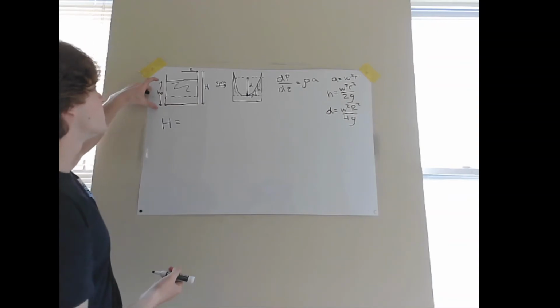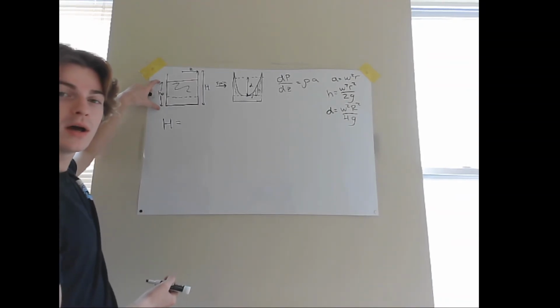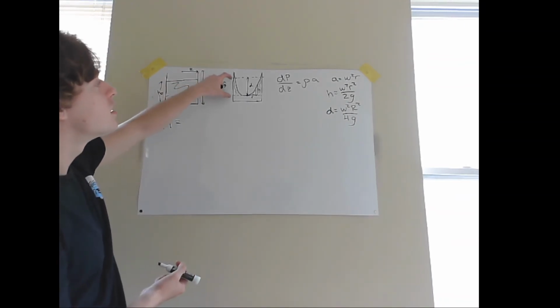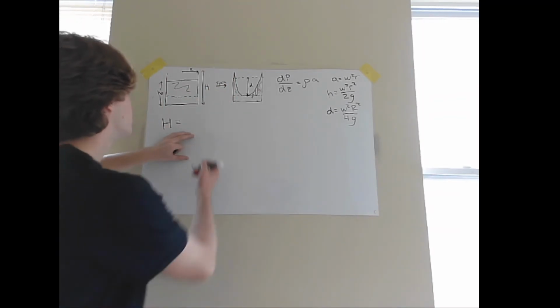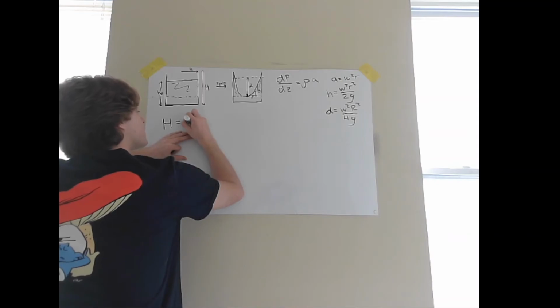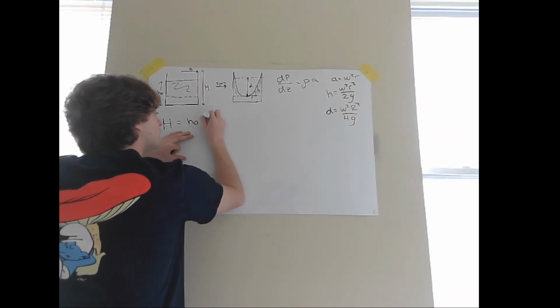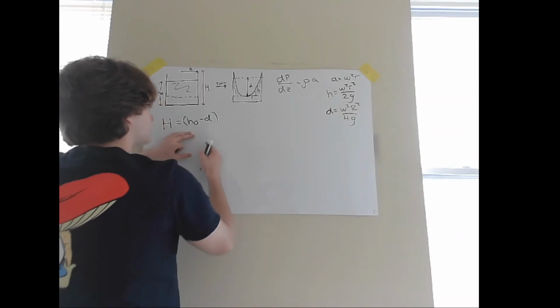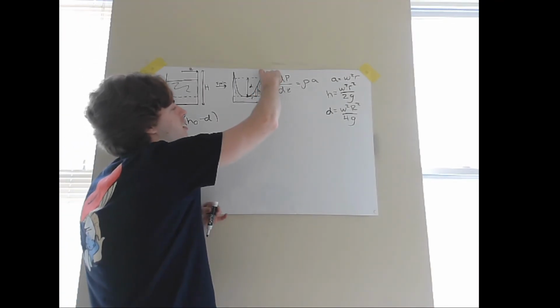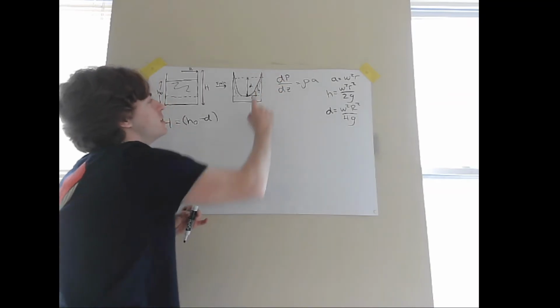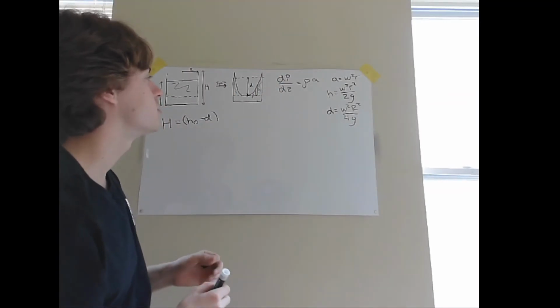And we can get at that by the initial height of the liquid minus our depression, which will leave this sliver down here. And then we also have the rest of the height above the unchanged area, above the lowest point.